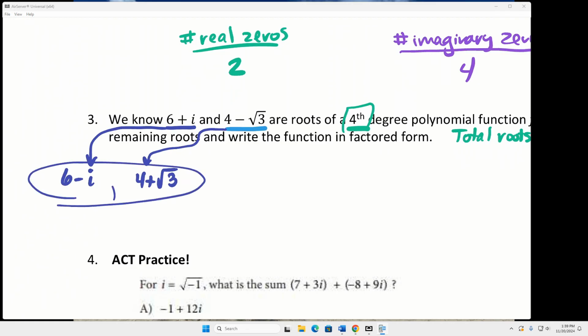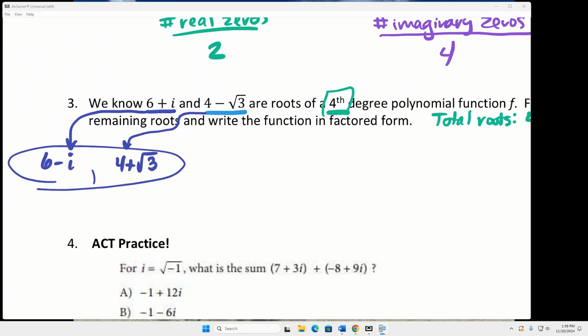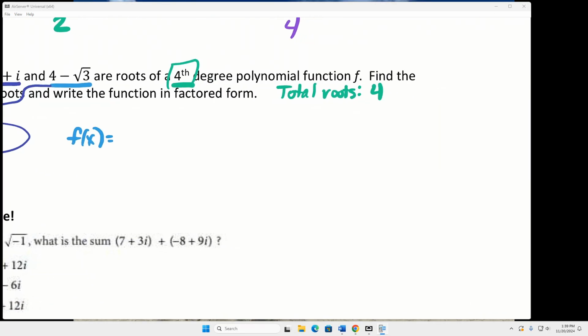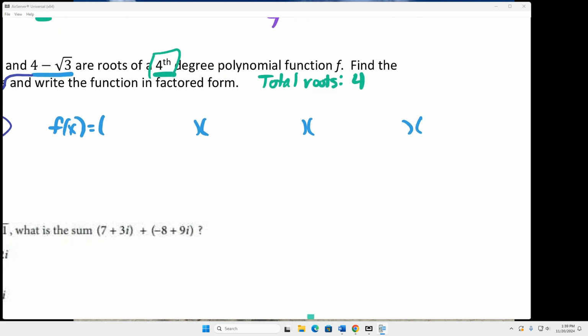So now that we have all 4, we can write this function in factored form. So 4 roots means we're going to have 4 factors, so make them kind of wide. And the first thing in each factor is just going to be x.